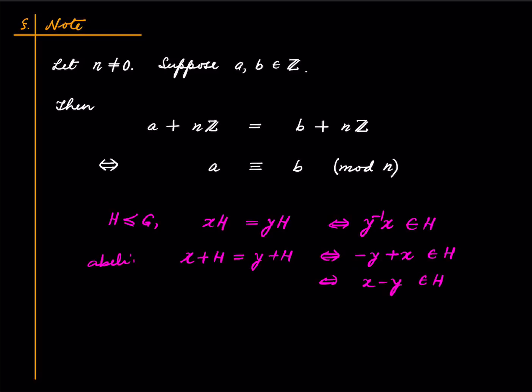So this second one is just a notational thing. In the abelian case, we write it that way. Since Z is an abelian group, this is how we write the cosets of this particular subgroup. Again, that's not completely necessary, but we do this.